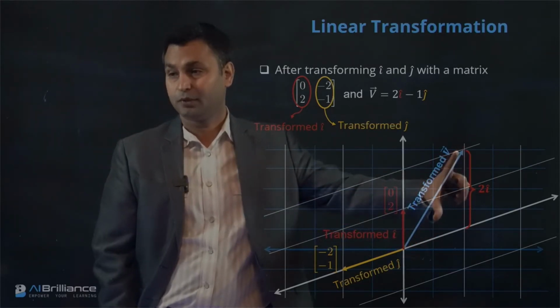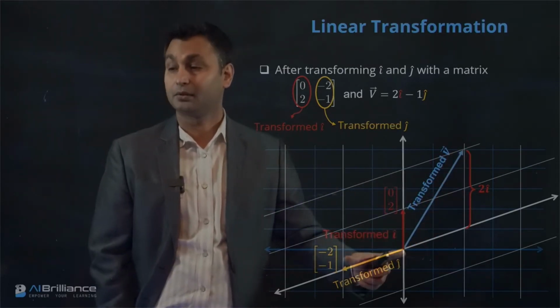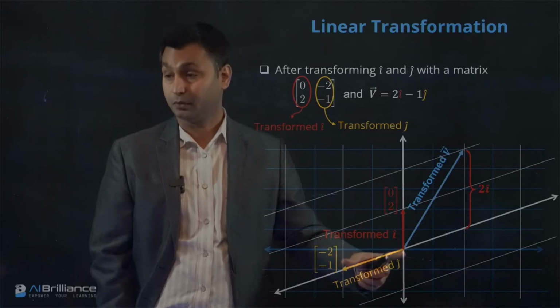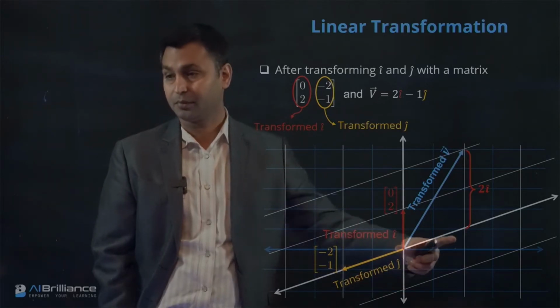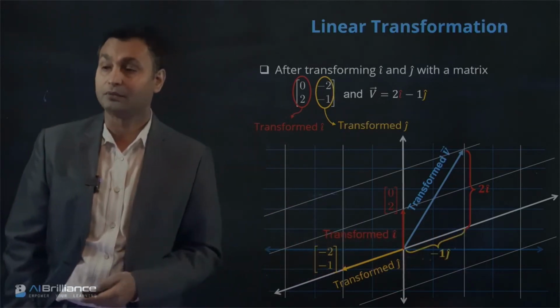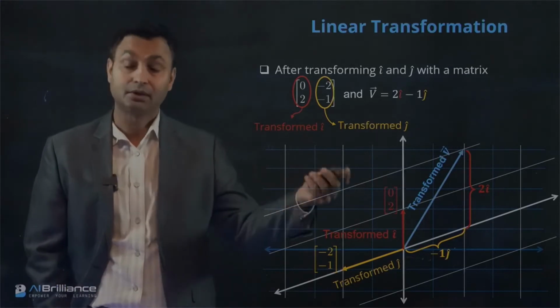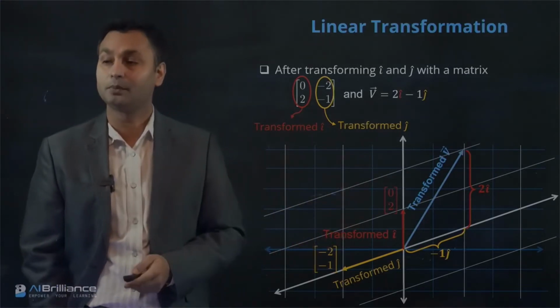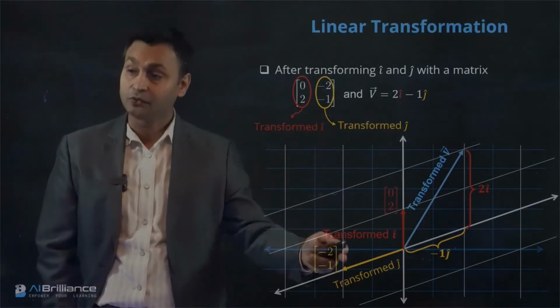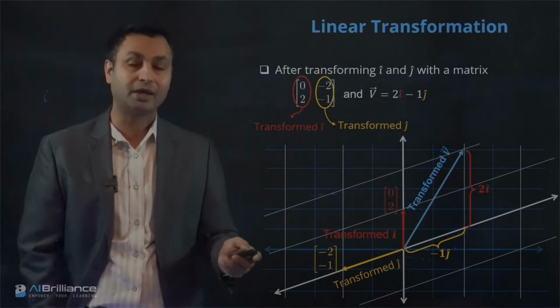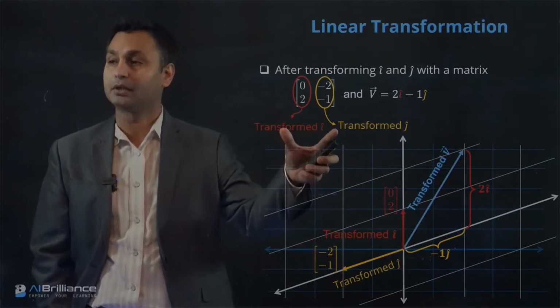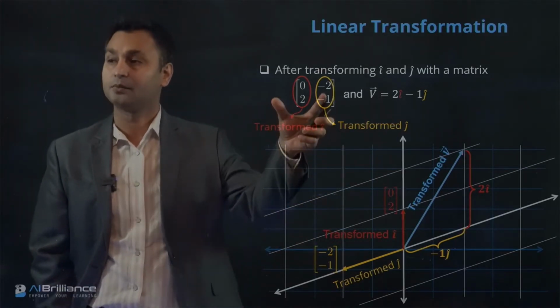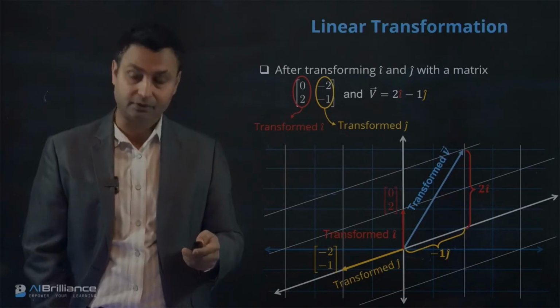The new transformed -1 will, since 1 is in this positive direction, be in this direction, and that's why we have this component. So that's how the transformed vector comes into the picture, based upon the transformed new unit vectors, which have become transformed because of applying the matrix that we have here.